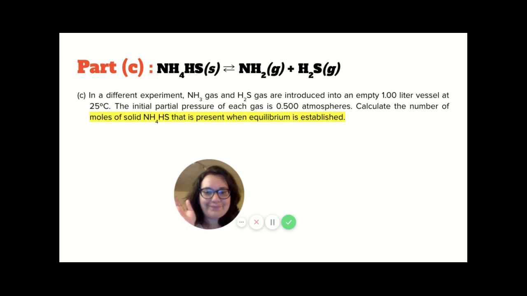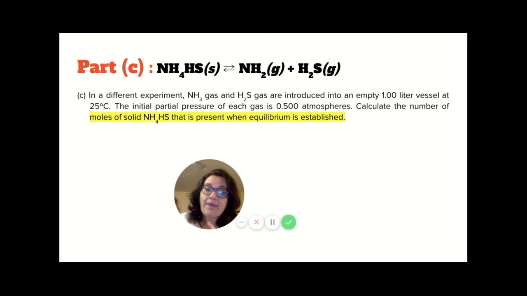So I just have to think, and I just have to check my answers. Okay, so calculate the number of moles of the solid ammonium hydrogen sulfide that is present when equilibrium is established. So I have a new RICE situation, new initial conditions, new change, new everything.